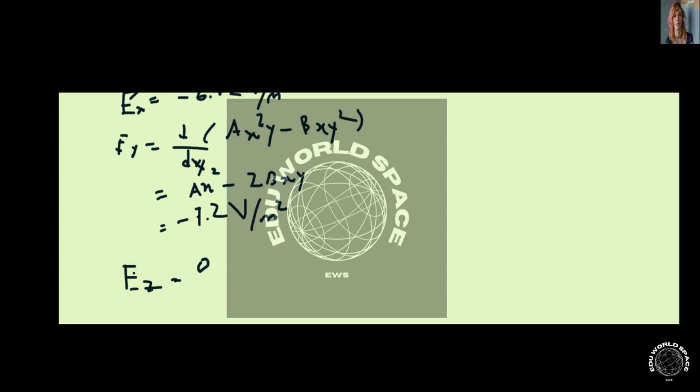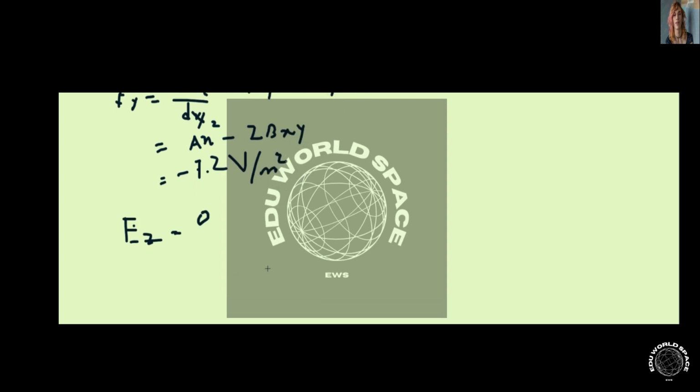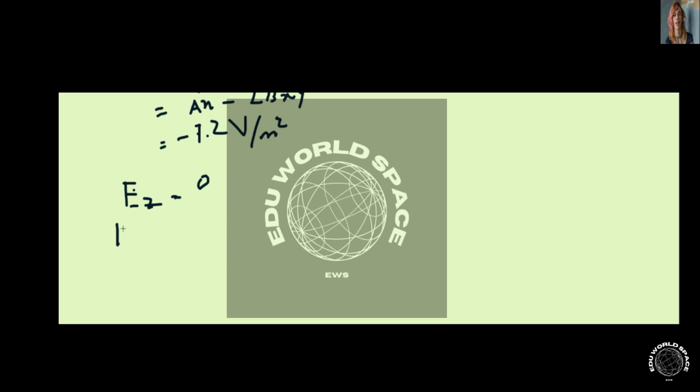Now to find the net magnitude of the electric field, we can use the following formula. So let me write this in a different color. E is equal to the square root of EX squared plus EY squared plus EZ squared.